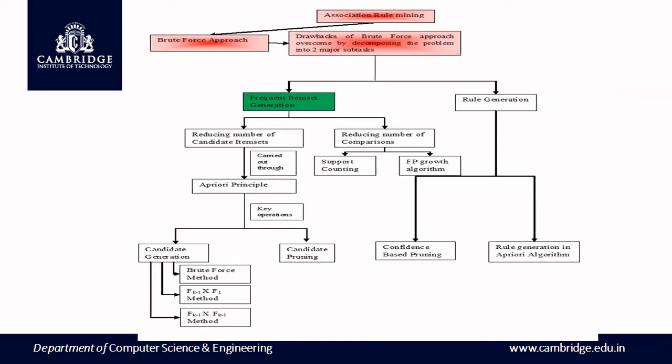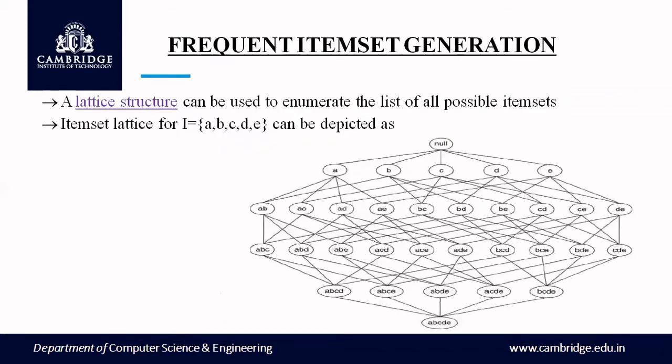The main aim behind it is to reduce the number of candidate item sets, or rather to seek out the frequent item sets by applying the Apriori principle.